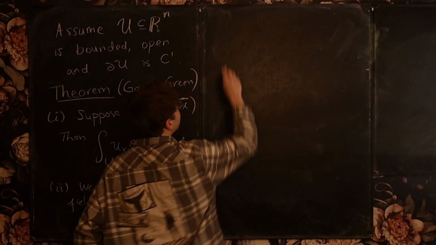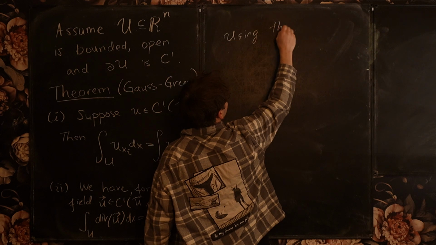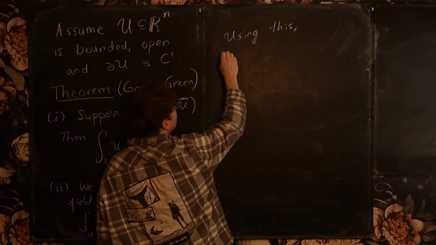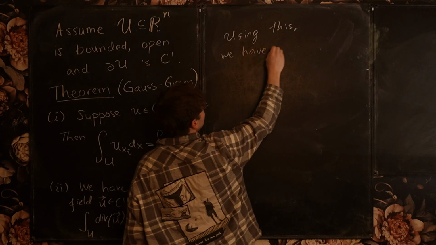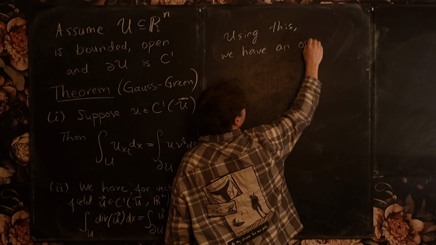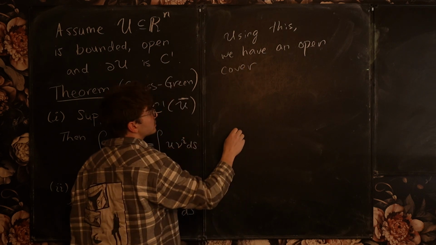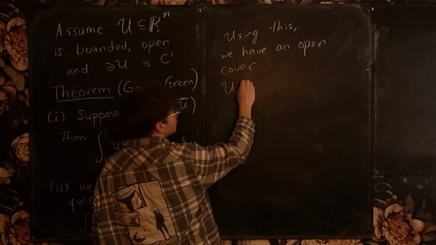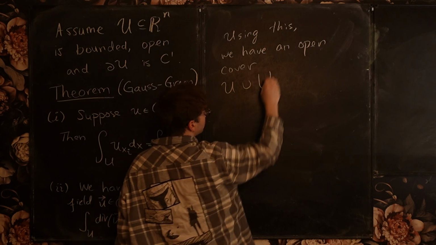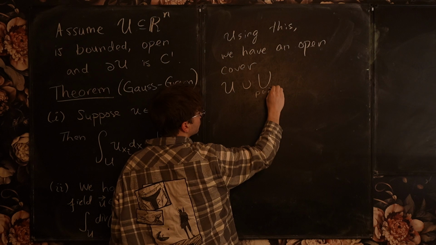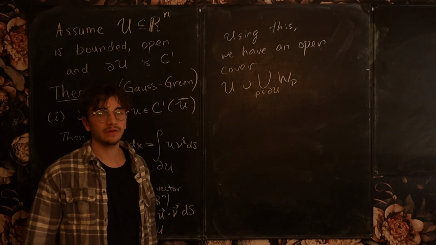So using this definition, we have an open cover, and this open cover is going to be U union with the union over P in the boundary of U of these WPs that I defined previously.